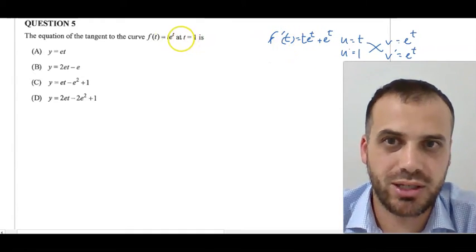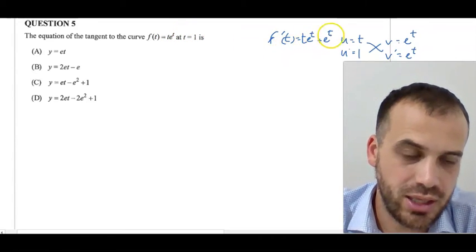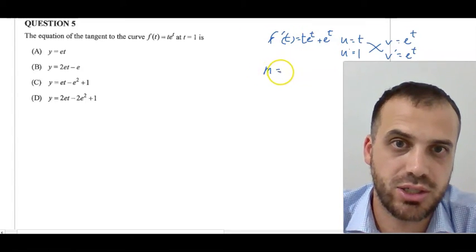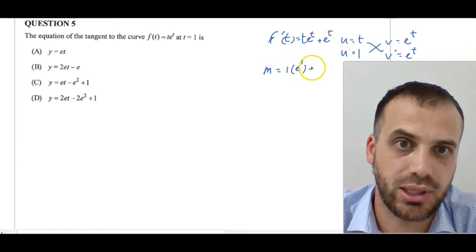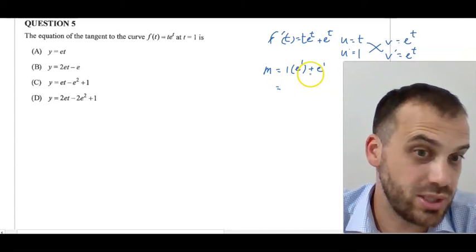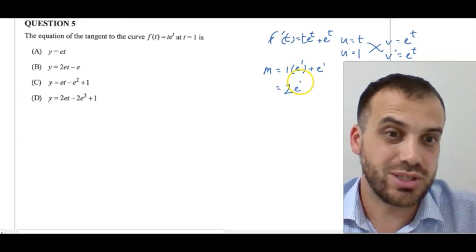Now we want to find the equation of the tangent at t equals 1. So if I sub 1 in here, I'm going to find my gradient. So the gradient of my tangent is going to be equal to 1 times e to the 1 plus e to the 1. That's just e to the 1 plus e to the 1, which is 2e to the 1, and e to the 1 is just e.